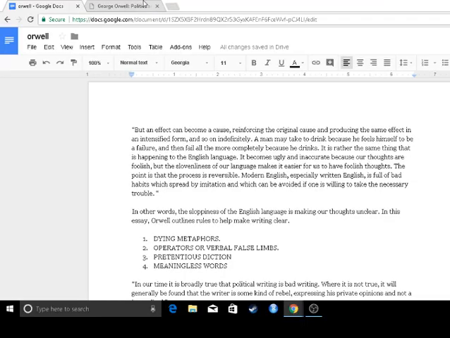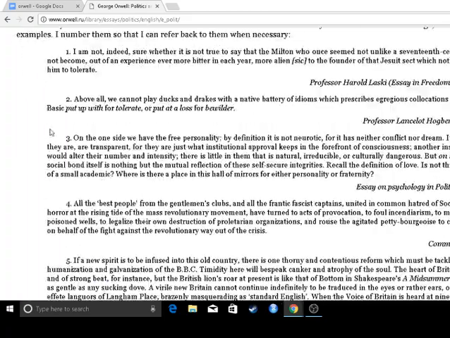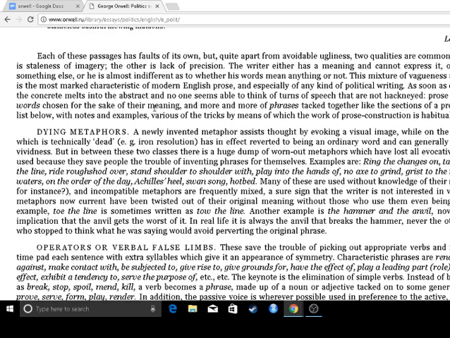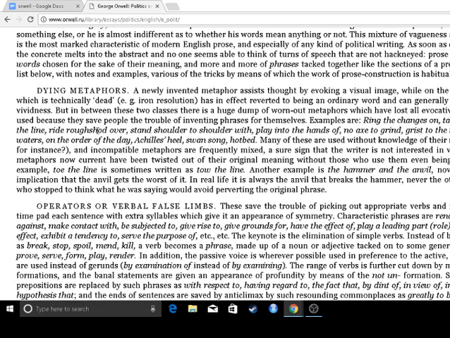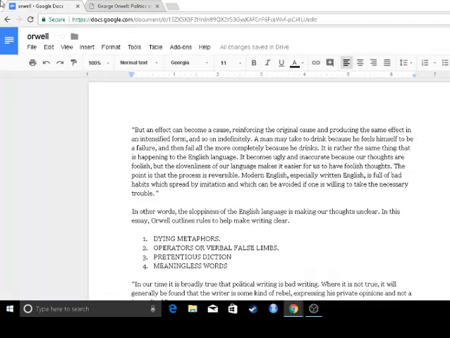So later on in the essay, as I'll show you right here, so here's a copy of the essay, he talks about conventions in writing that make writing unclear. So you see right here, and I also copied and pasted them, dying metaphors, operators or verbal false limbs, pretentious diction, meaningless words.